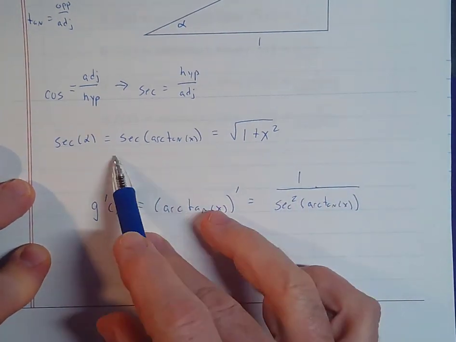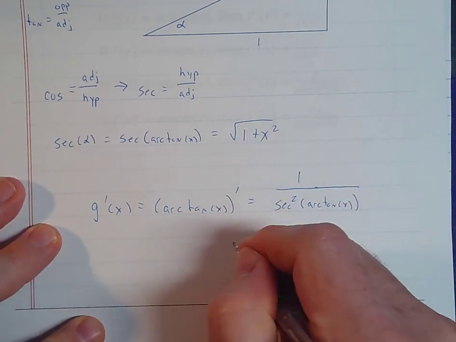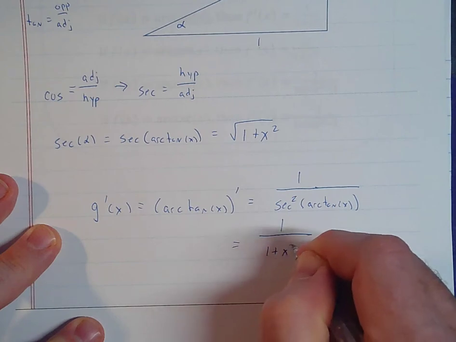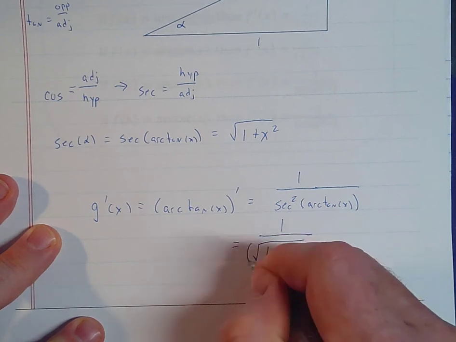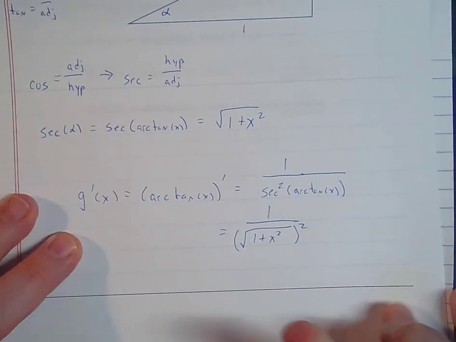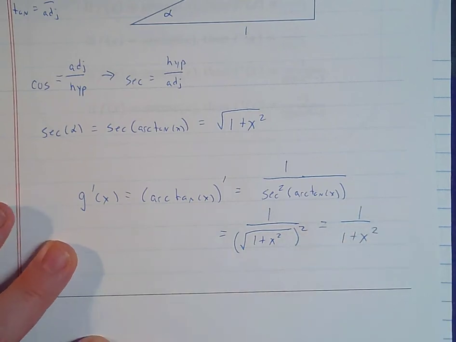And I just found that secant of arctangent of x is the square root of 1 plus x squared. So this would be 1 over 1 plus x squared, the square root of that, but squared, right? Because that was secant squared. And it looks like that ends up giving me 1 over 1 plus x squared.